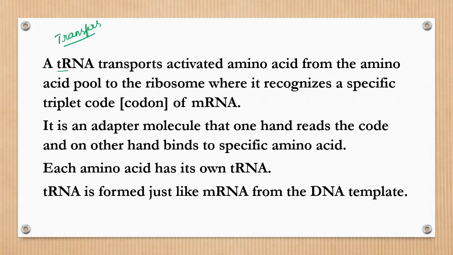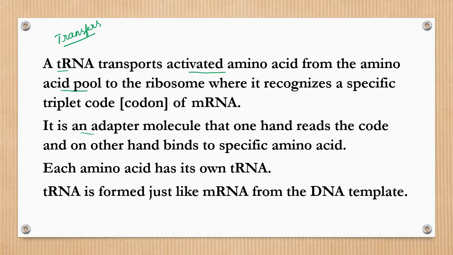So a tRNA transports activated amino acids from the amino acid pool present in the cytoplasm to the ribosome, where it recognizes a specific triplet code, or codon, of mRNA.